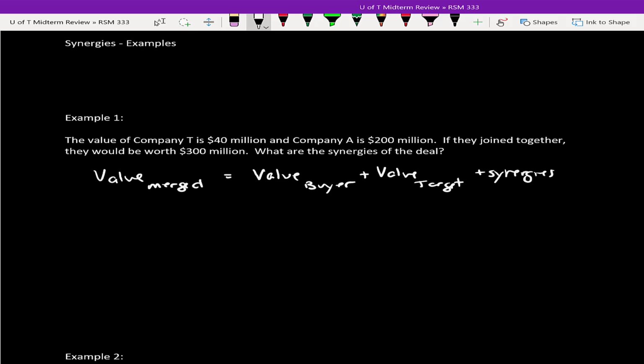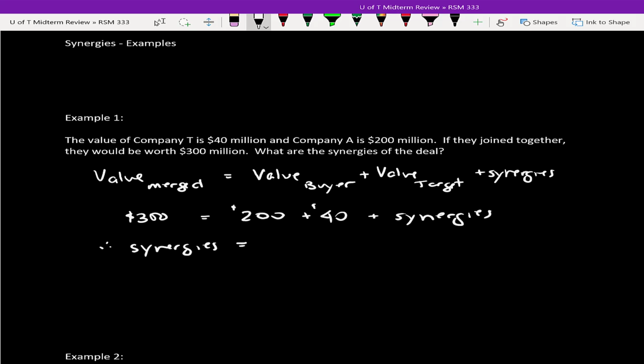So they've given us everything we need. The value of the merged firm is 300. The value of the buyer, we don't really know who the buyer is. Let's just say the 200 million is the buyer, they're larger, and the target is 40 million. And then synergies is the variable. So it's easy to see that synergies are $60 million.